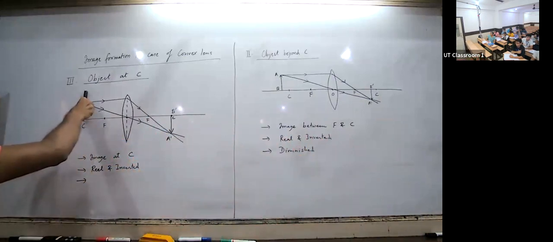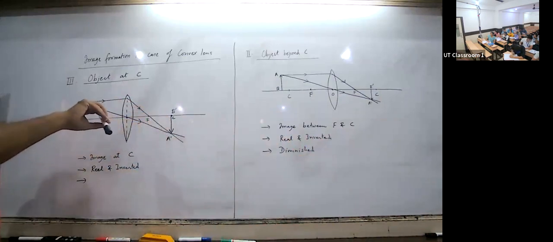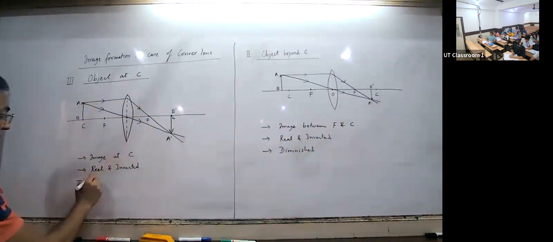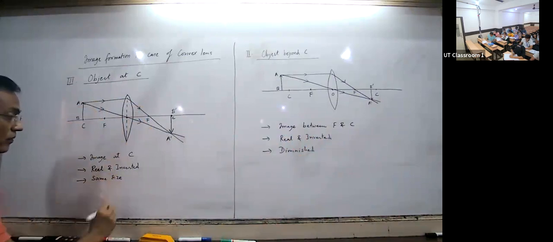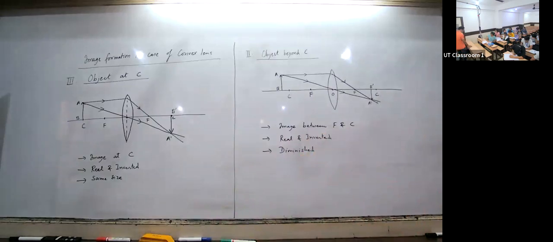This is the object here. How is the image? Upside down. Okay, that's why inverted. What about the size? This is same size. So, as the object approaches the lens from infinity, the image size, starting from highly diminished, then starts growing bigger and starts going away from the focus, right?